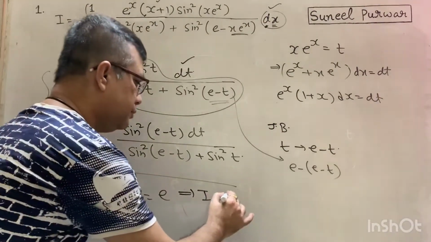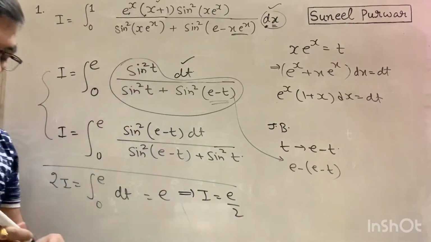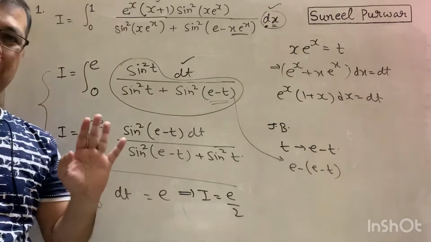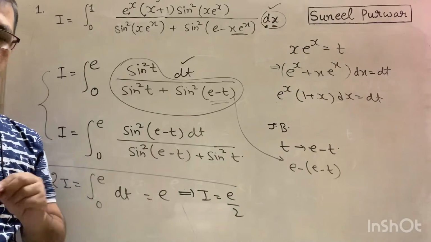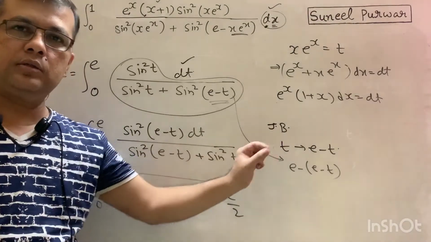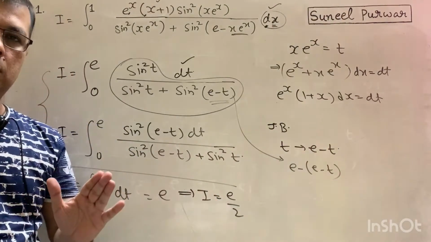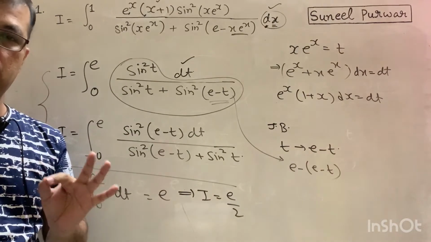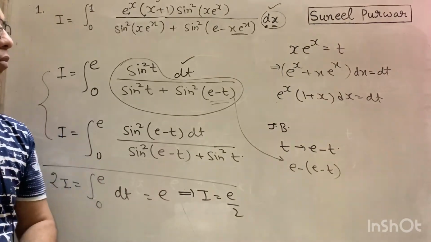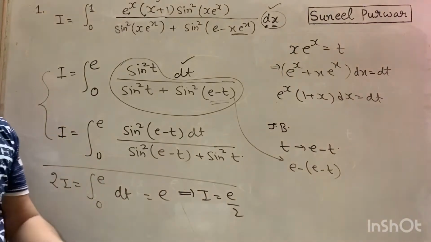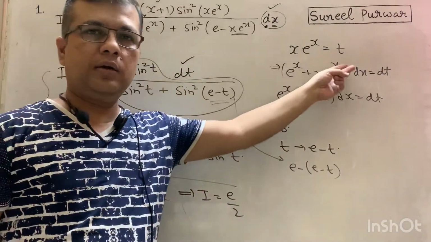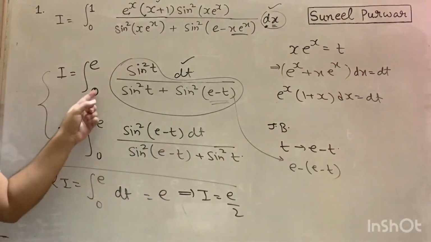e by 2. So in this question I am highlighting three very important things. Number one, the James Bond property is the most powerful property, so you should always give it a thought first for solving the question. Another two important points: whenever you are making a substitution, don't forget to change the limits.